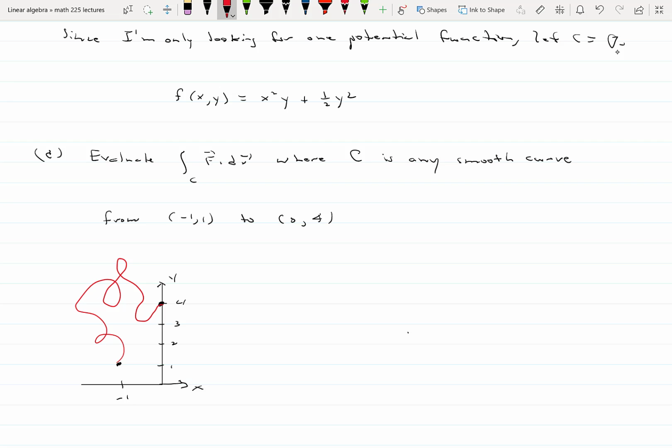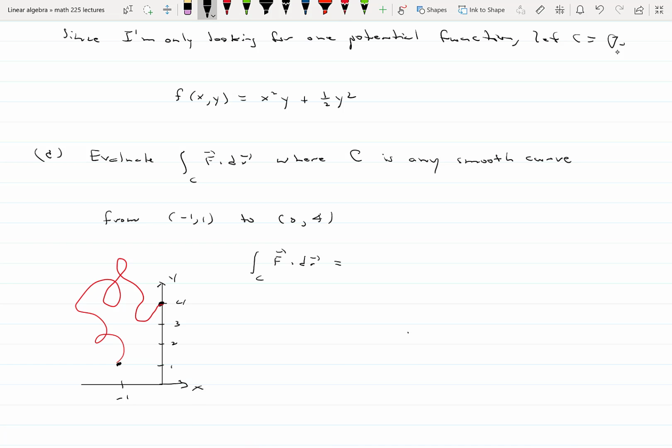So let's use the fact that we have a conservative field here. So the integral of F dot dr is path independent, since we have a conservative vector field.